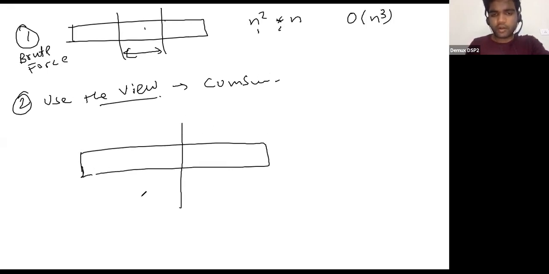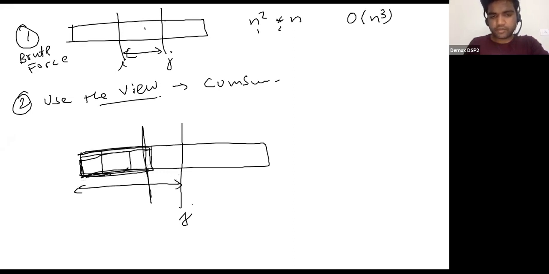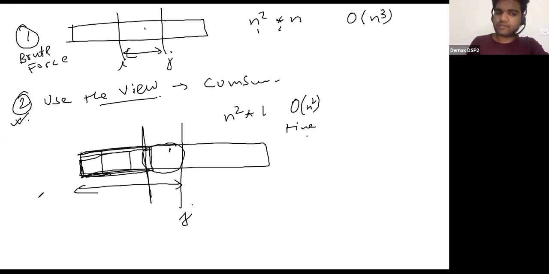When you want to enumerate all subarrays which end at this index j, you can simply go across the cumulative sums of this array, this array, this array, and for every array you are considering, you can simply subtract this cumulative sum from this cumulative sum to get the cumulative sum of this, and this will be order 1, correct? So this will be n square into 1, which is order n square time. Right? Is this fine so far? Does everyone understand 2? Is there anyone who has doubts with 2?